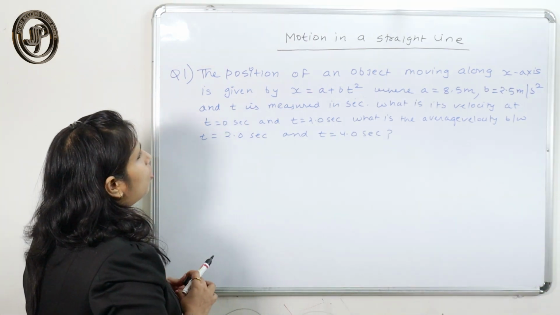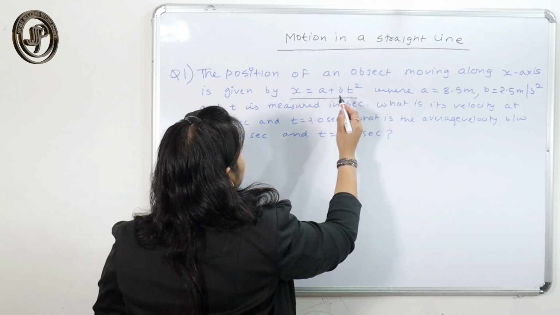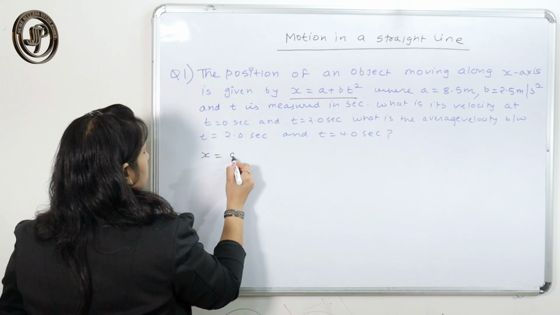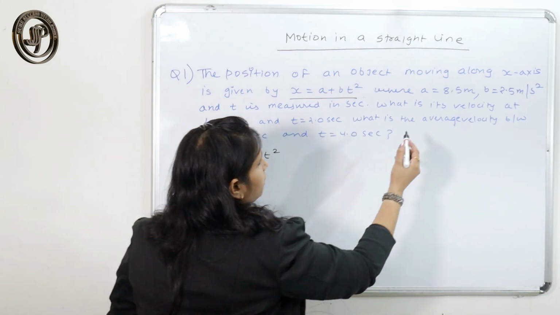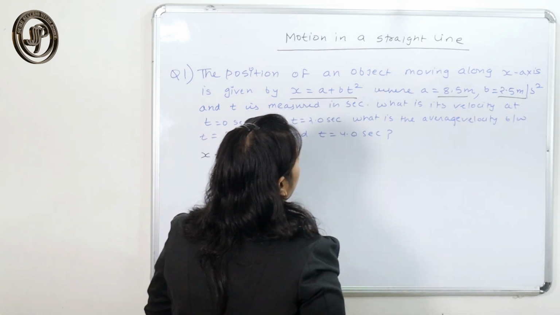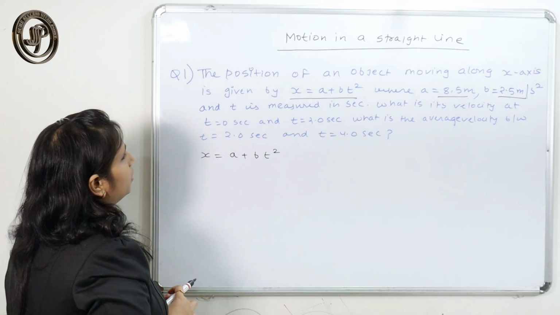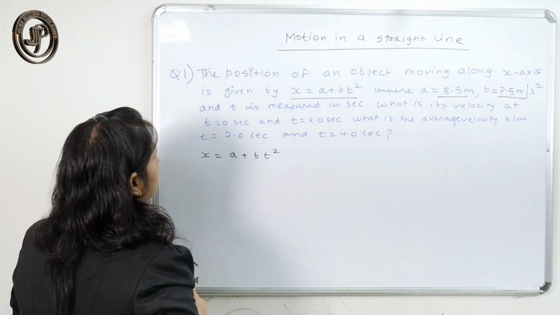The position of an object moving along the x-axis is given by this relation. This is the position of the object, where the values of a and b are given, where a is this, b is this, and t is measured in seconds. What is the velocity at t equals 0 and t equals 2?